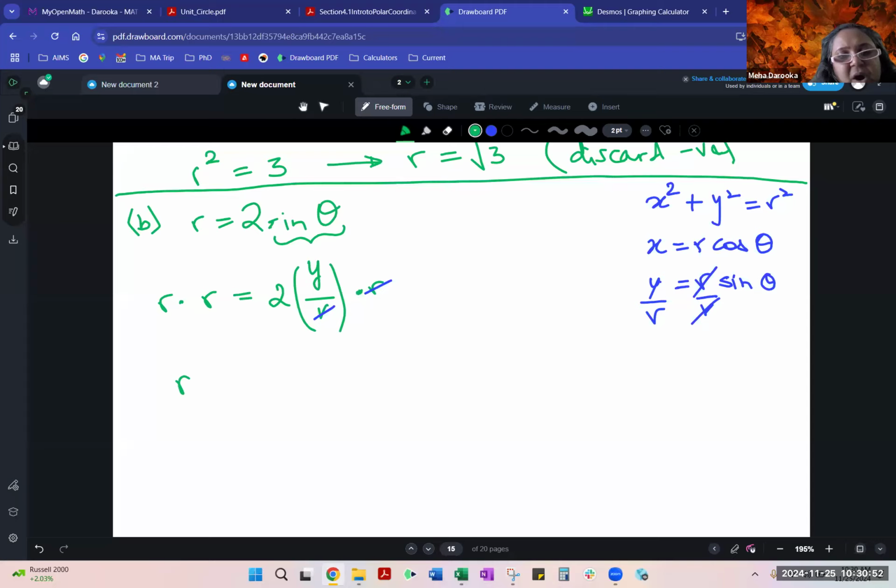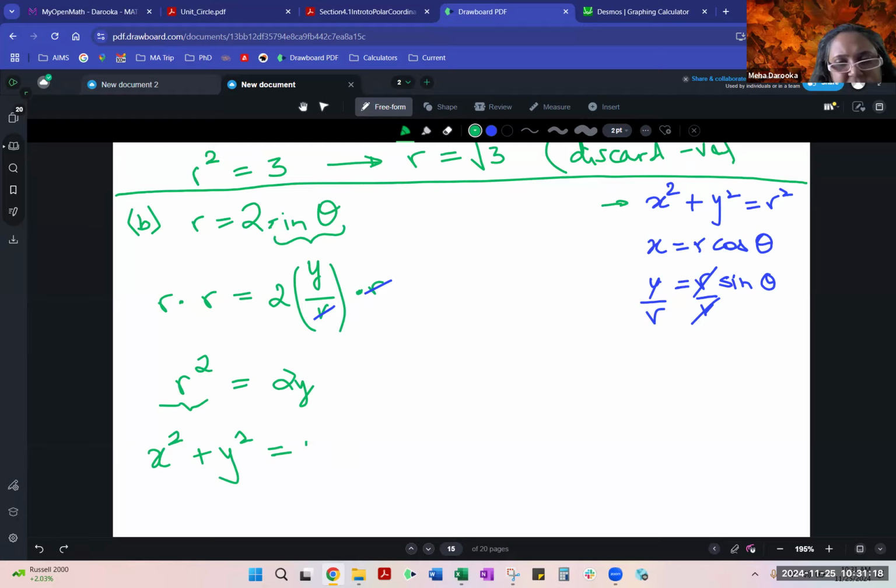You would be left with r squared is equal to 2y. And then we would go back to that first conversion where you have r squared is equal to x squared plus y squared. So we can replace this guy with x squared plus y squared equal to 2y.